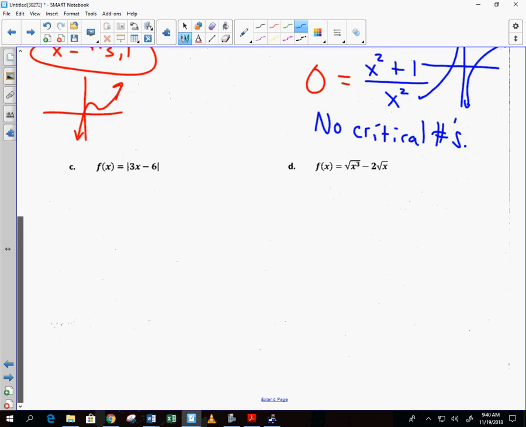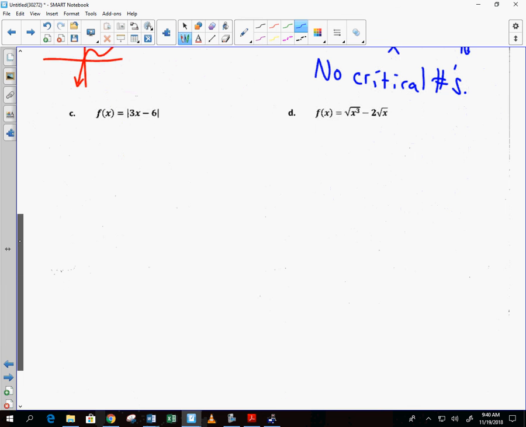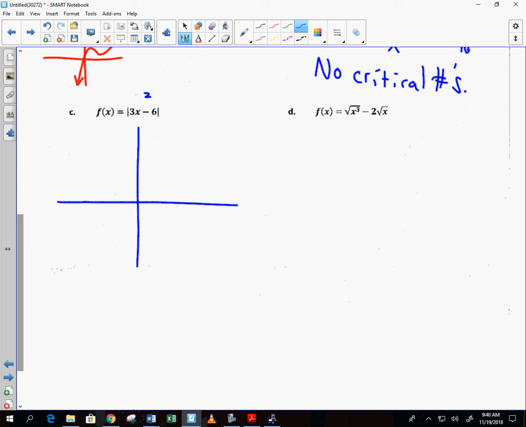What does that graph look like? Yeah, it's got the V. Very good. Yeah. In fact, it has a horizontal shift of 2, doesn't it? Do you agree? What would you plug in to make 0 here? 2.